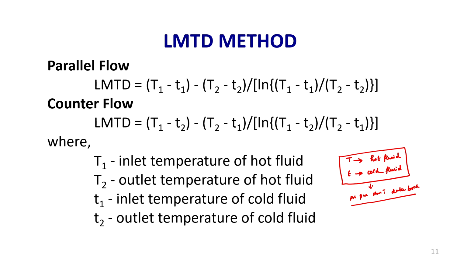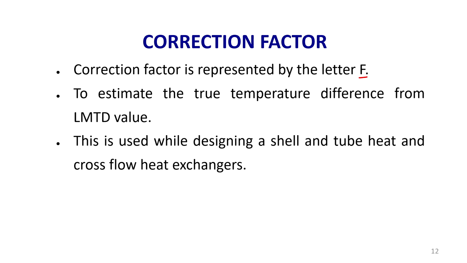Theoretically, if the 4 temperatures are known, the hot fluid inlet and outlet and the cold fluid inlet and outlet, we can find the LMTD for parallel flow or counter flow, because this is the formula. These formulas I have taken from the HMT data book. This correction factor is used when we are designing a shell and tube heat exchanger or a cross flow heat exchanger.